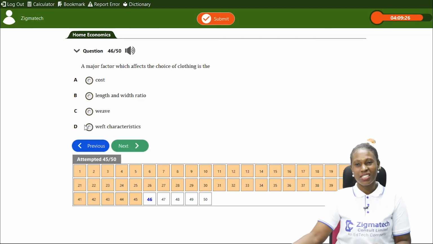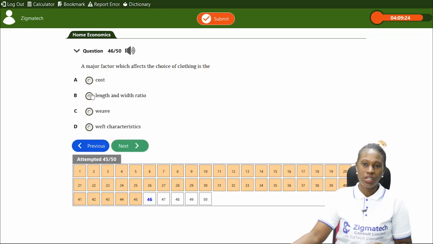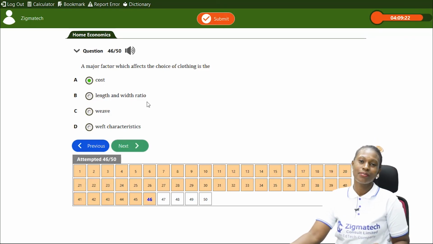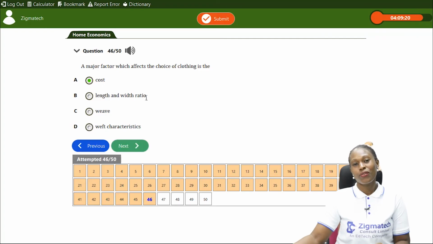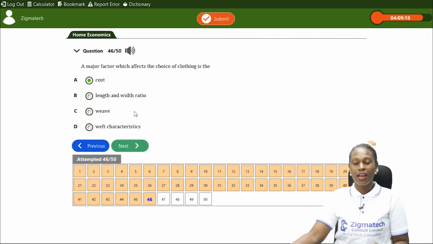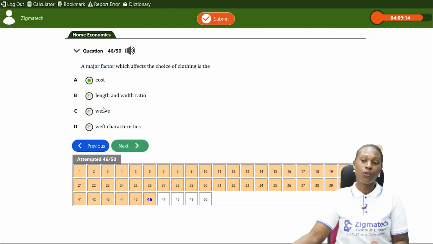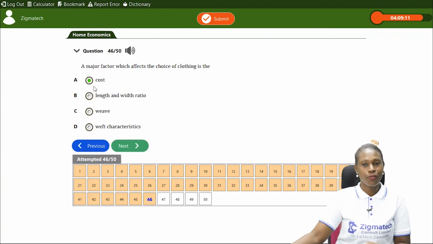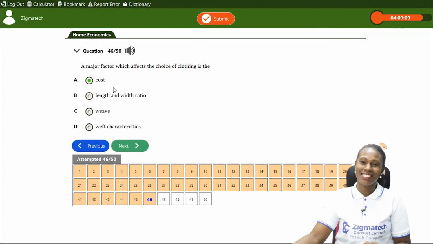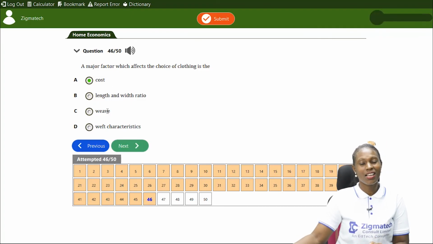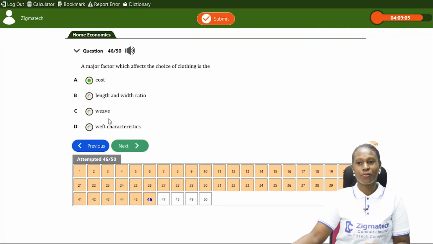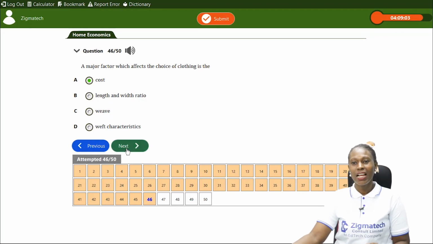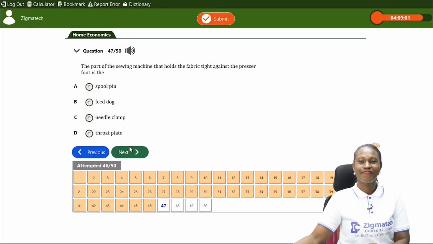The first major factor is the costs. Money available. If you have money to get them, of course you can. So the major factor that affects the choice of clothing is the cost of the clothing. Let's look at the next question.